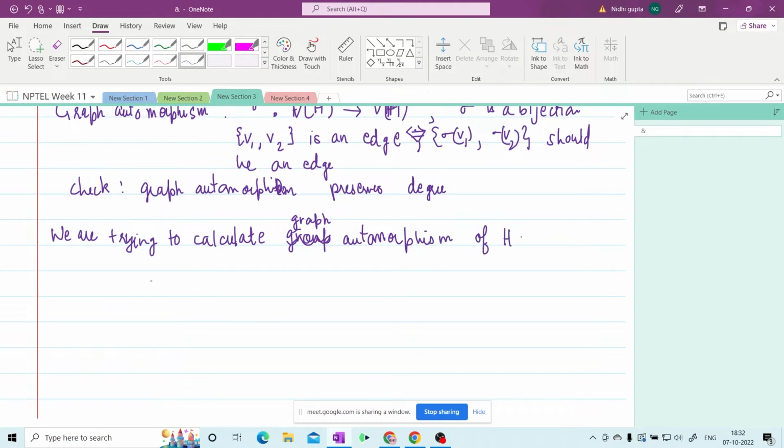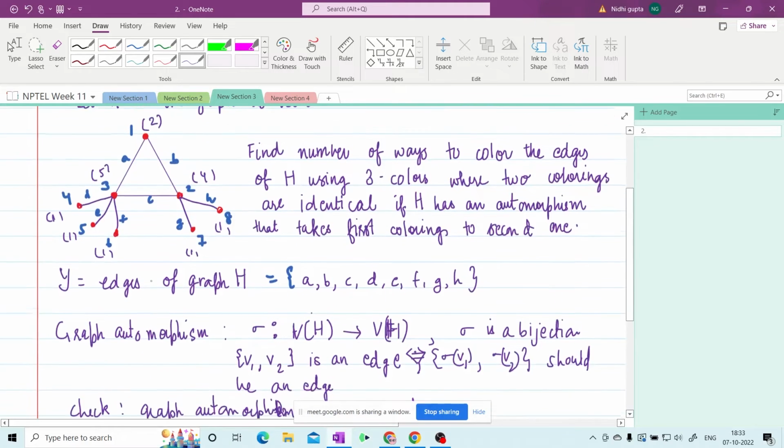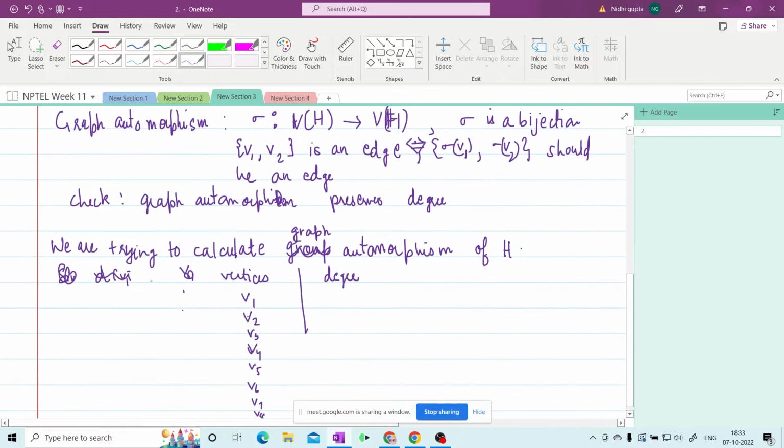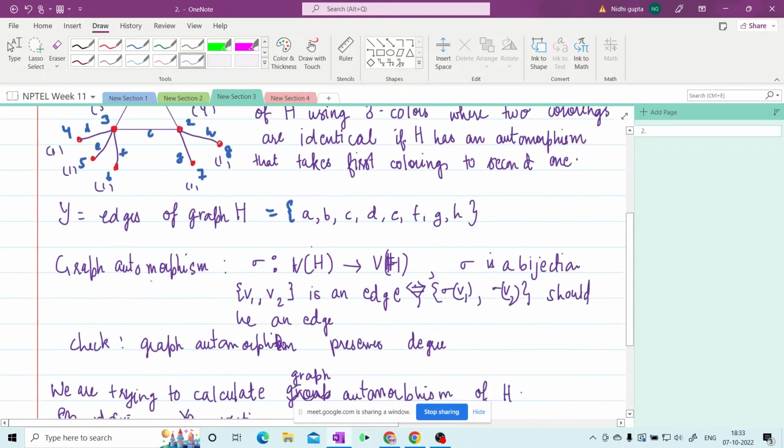Since we have seen the degrees, if we look at these vertices and their degrees, V1, V2, V3, V4, V5, V6, V7, V8, so we saw that in this graph. Okay.